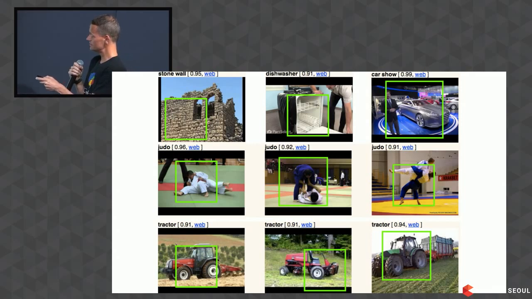And you can see that the probability of seeing a tractor, for example, varies from 0.91, 0.91, and then this one is more of a tractor than the other two, at 0.94. But it's just an example of what kind of data people see, right? These are typical images that the classification system would see.